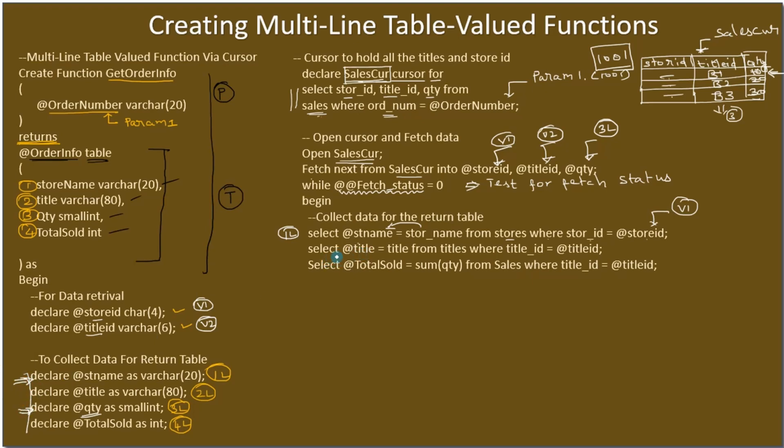In the next statement, if you see, select title from titles. In the previous statement we are using the table stores, and in the next statement we are using the table titles. Select title, that's the column name, from titles, where title ID equals the title ID which we fetched from here. So that one we are supplying.